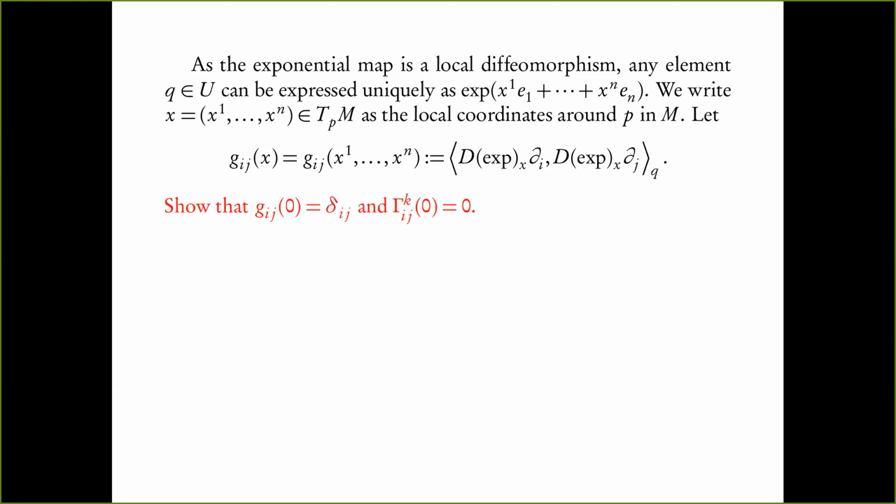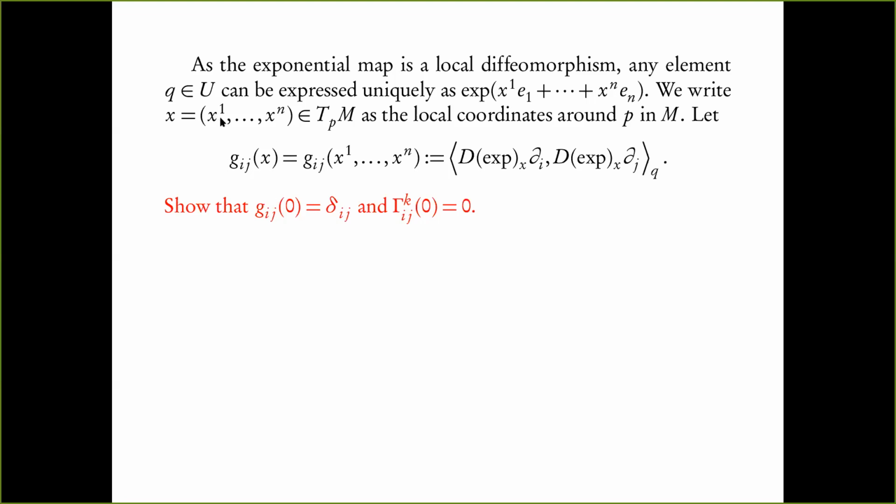So you have to calculate this. You can show that if I evaluate this at 0, 0, 0, it's no wonder that Gij at 0 is delta Ij. So at the point P, or at the point 0 in the local chart, the associated matrix of the Riemannian metric is the identity matrix. And the Christoffel symbols, only at the point 0.